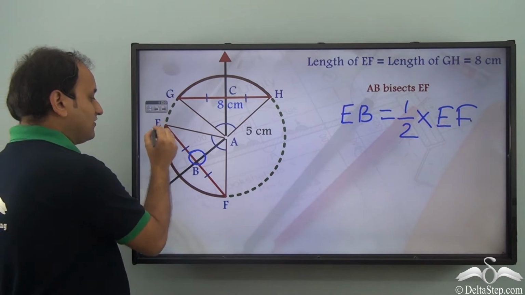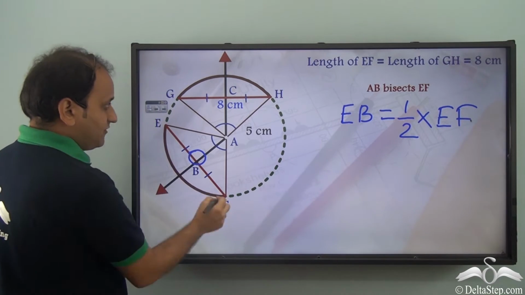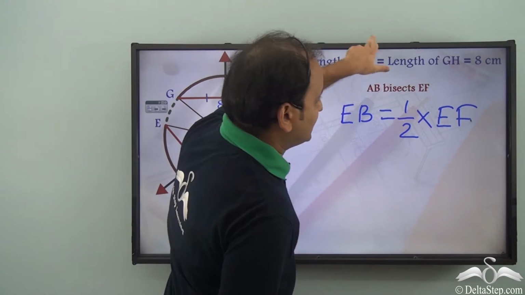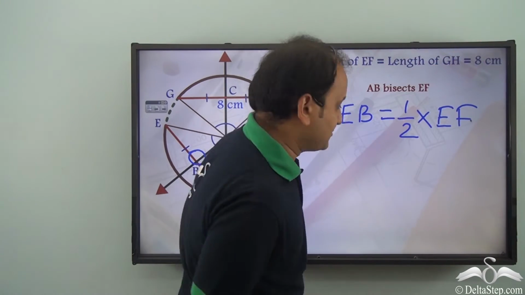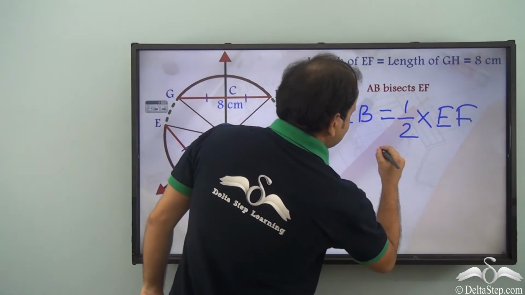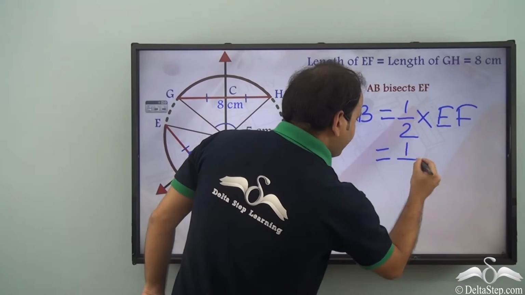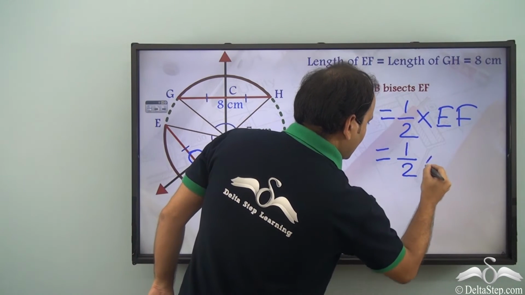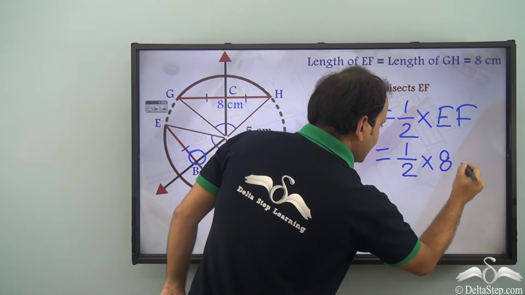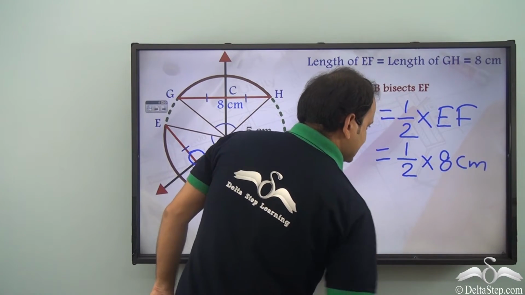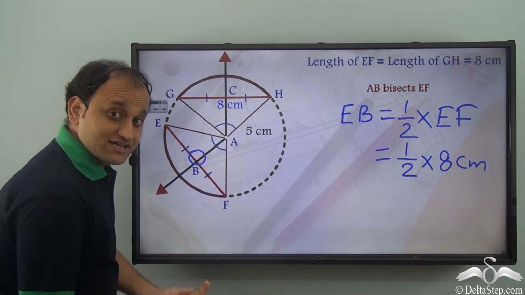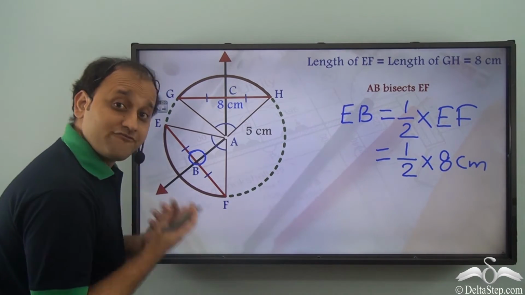Now, do we know the value of any of these? Well, when we say EF, the length of EF is given to us, which is 8 centimeters. So we can write this as half into 8 centimeters, which is half into 8 is 4, right?